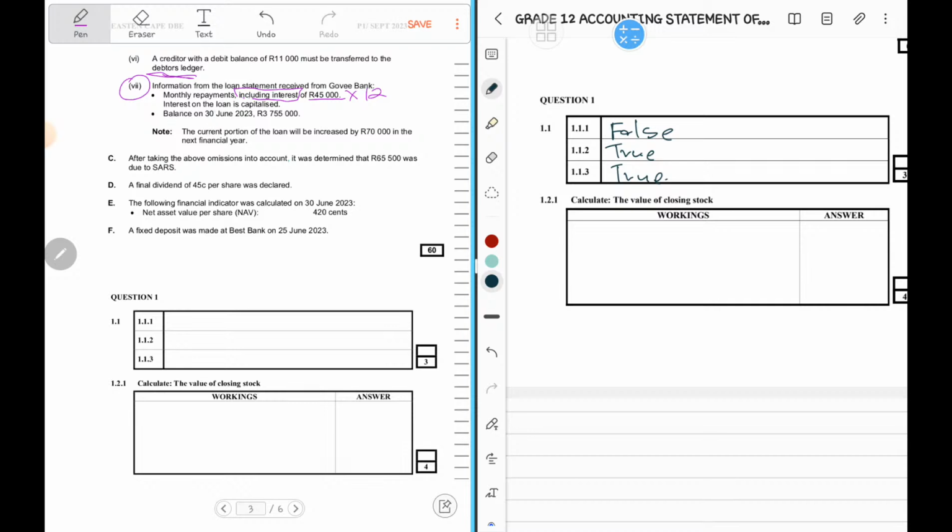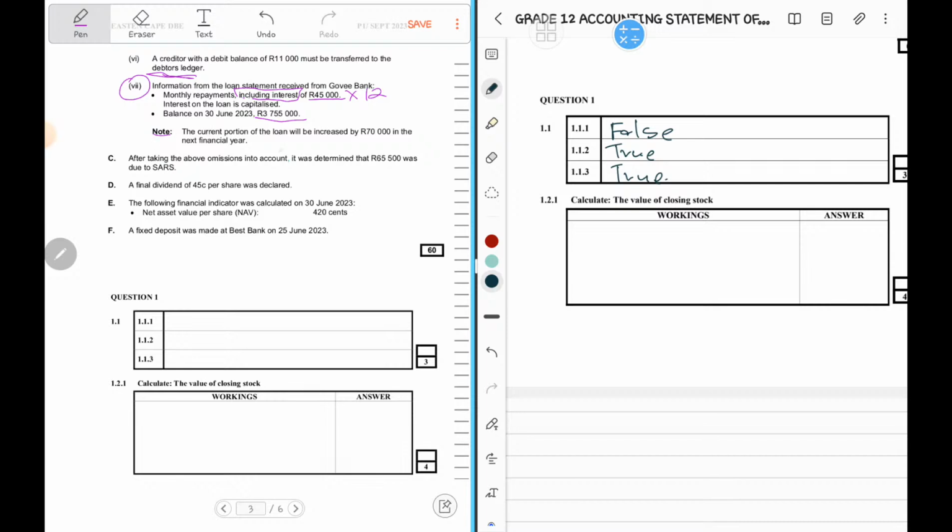Okay, then we're being told that interest on loan is capitalized, meaning that the interest on the loan is added to the loan account. Then when it is paid, it is paid with the interest as well. Then we have the balance on 30 June 2023, which amounts to 3,755,000. This should be the loan balance at the end of the year according to our company records.